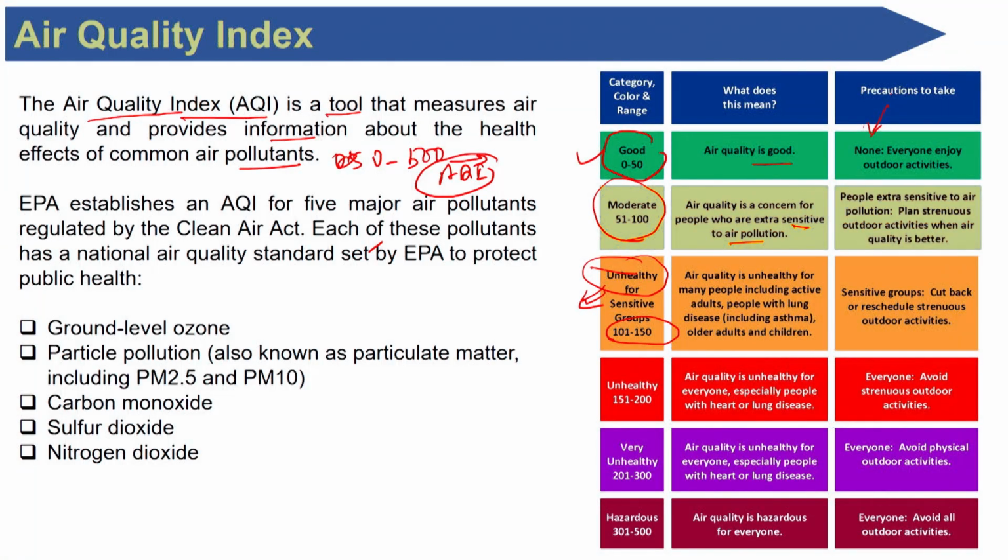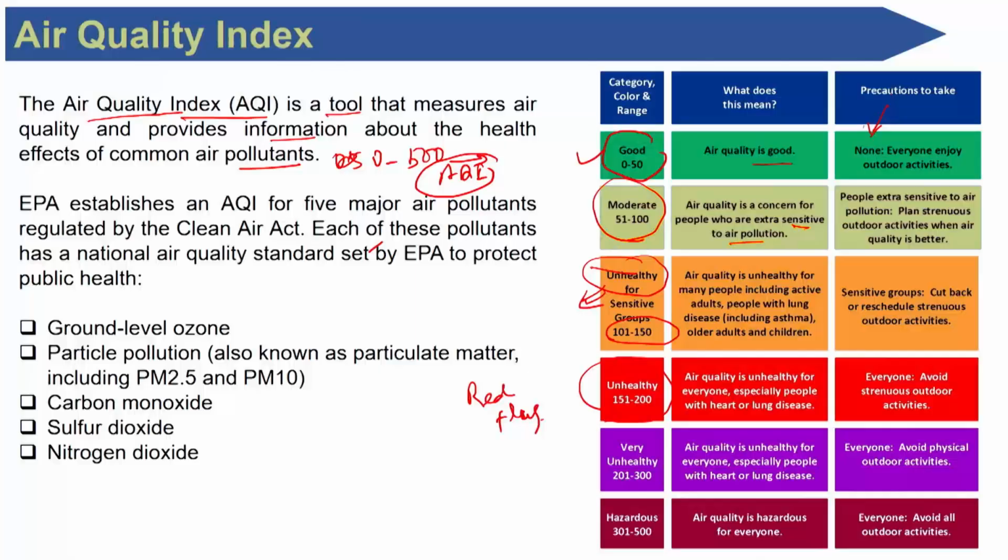And 150 to 200 is a red flag. It is unhealthy for everyone, not only for sensitive people. It is not good for anyone, so no people should go out. But in India, it's not very possible. Indian air quality most of the time is above that; you hardly get very good quality, less than 50 AQI.